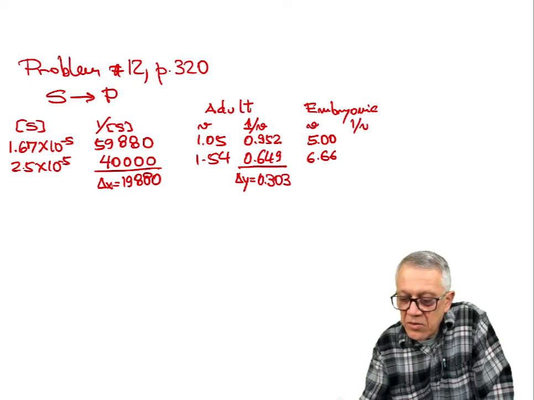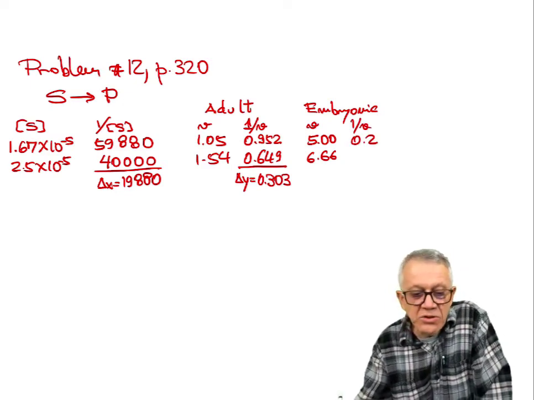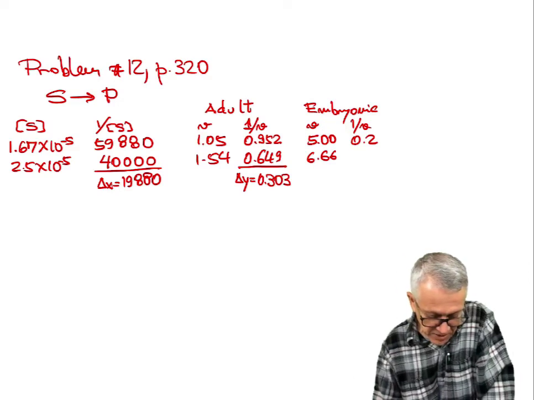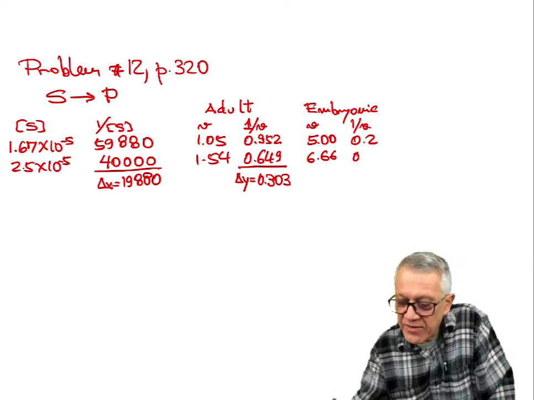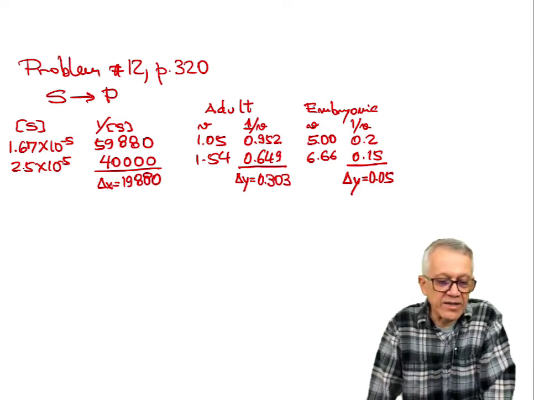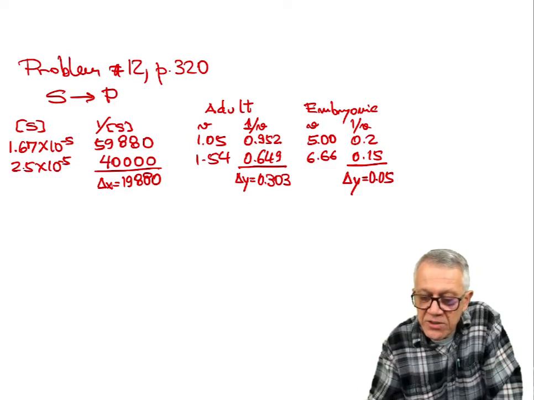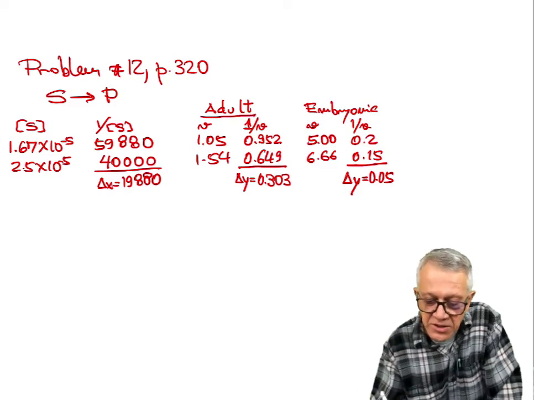So let's calculate the 1 over V. This one is 0.2, and the other one is 0.15. So the delta here would be 0.05. All right. So let's start with the adult first. Let's work on the adult first.